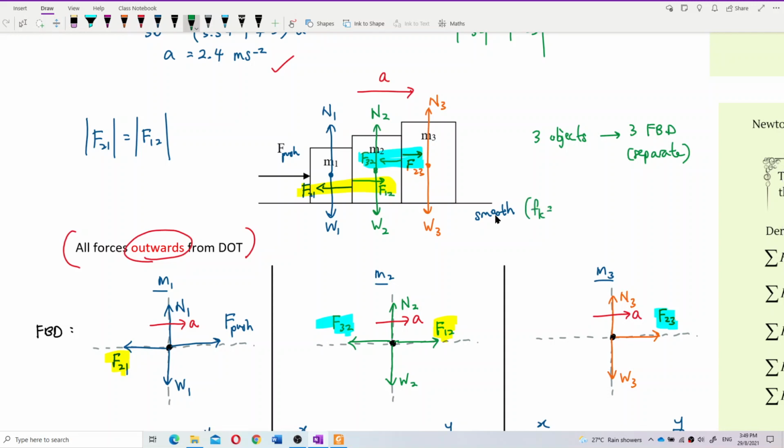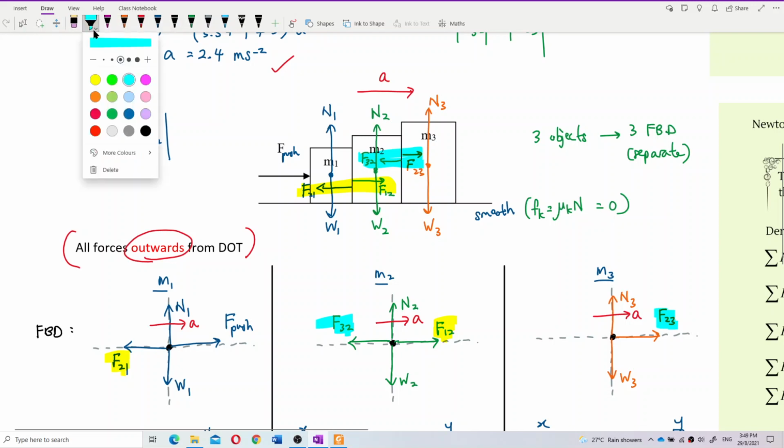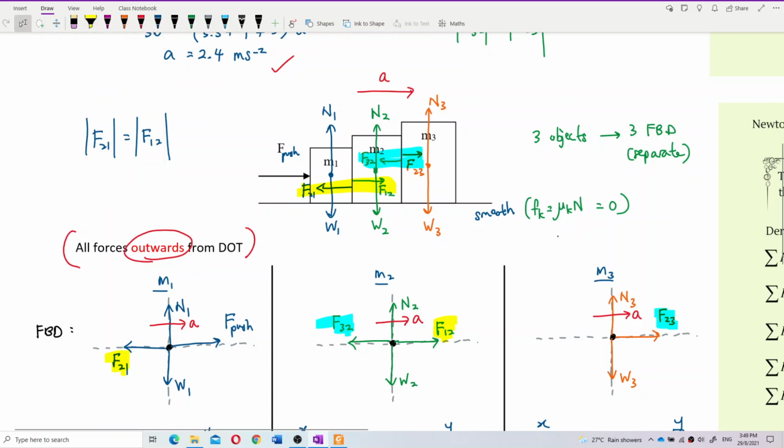The kinetic friction, which is equal to mu times N, is equal to 0. When there is no friction, you don't need to investigate the normal force, because the normal force can only be found in the y component. Understand or not?